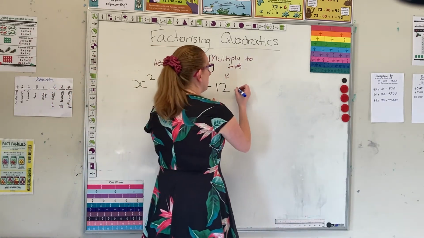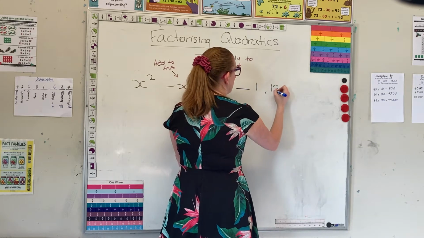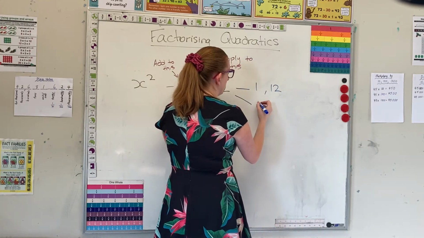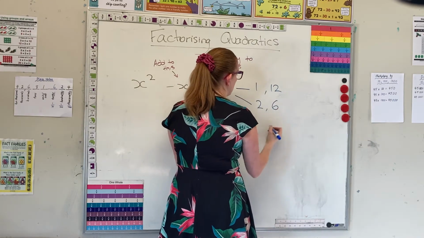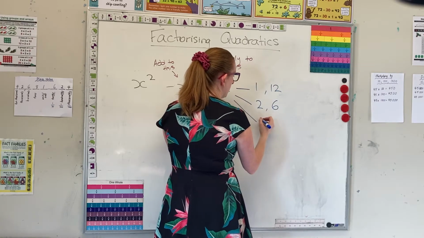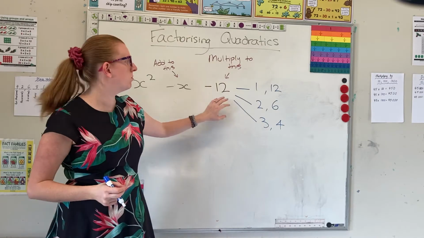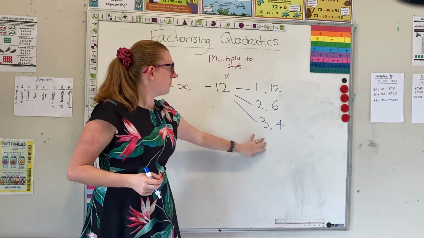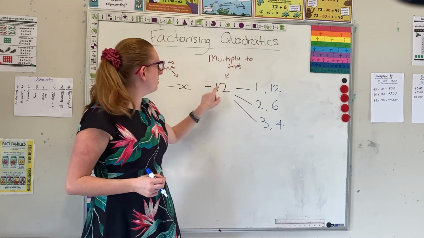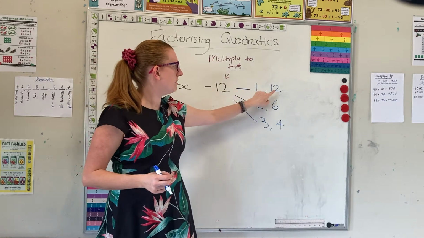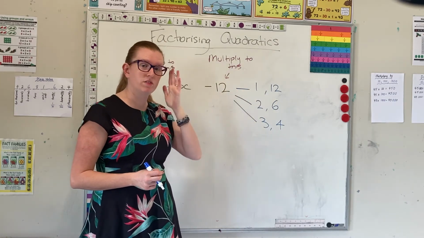We've got 1 and 12. We've got 2 and 6. Or we've got 3 and 4. Okay, so it's going to be one of these, but because it's negative, one of the numbers in the set has to be negative.